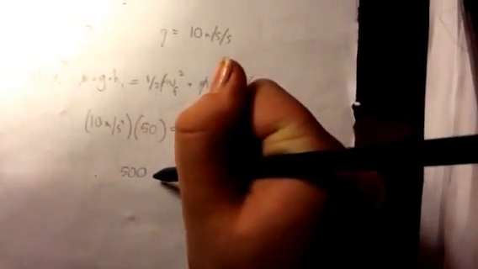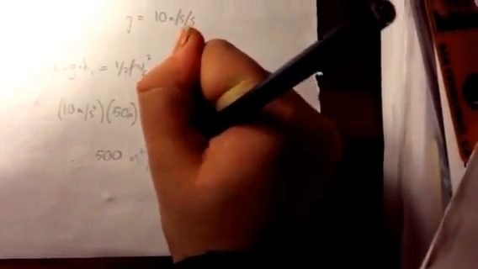And that is 500 meters squared over second squared, equal to 1/2 final velocity squared.